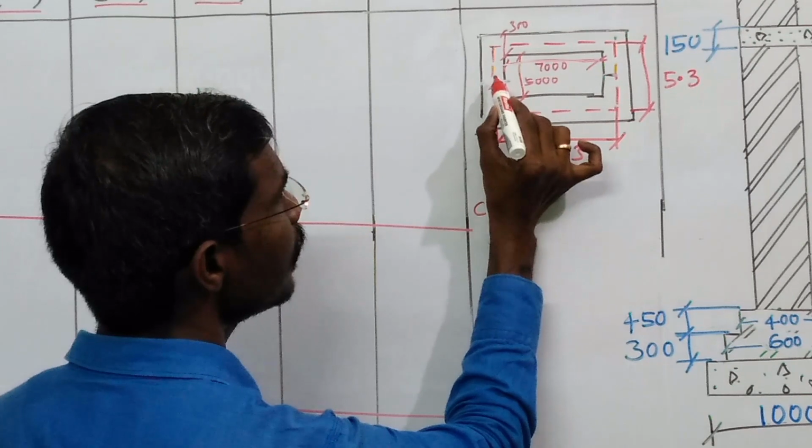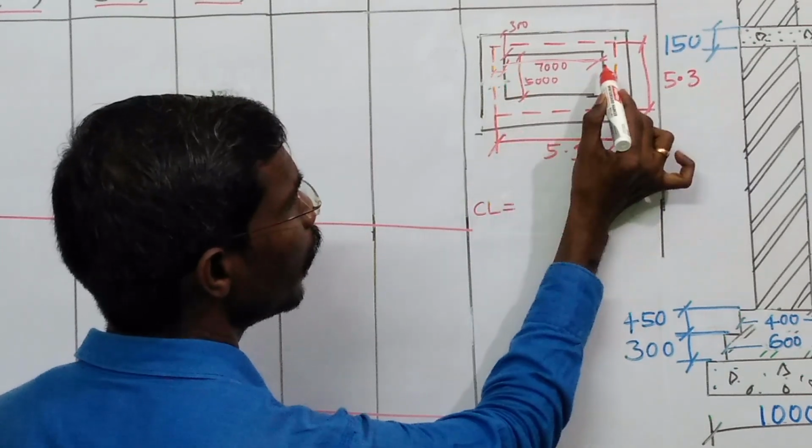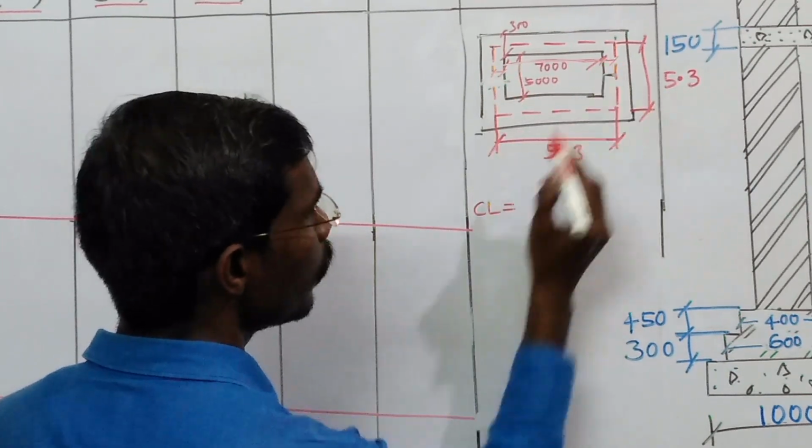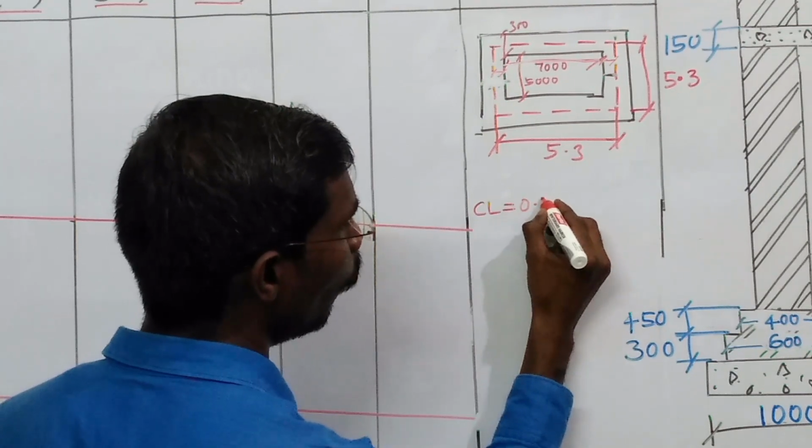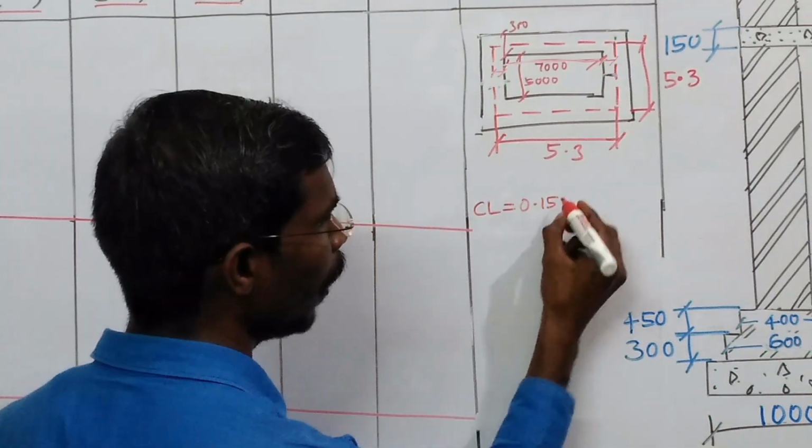The wall thickness here, on this side, is 0.15, that is 150 mm.